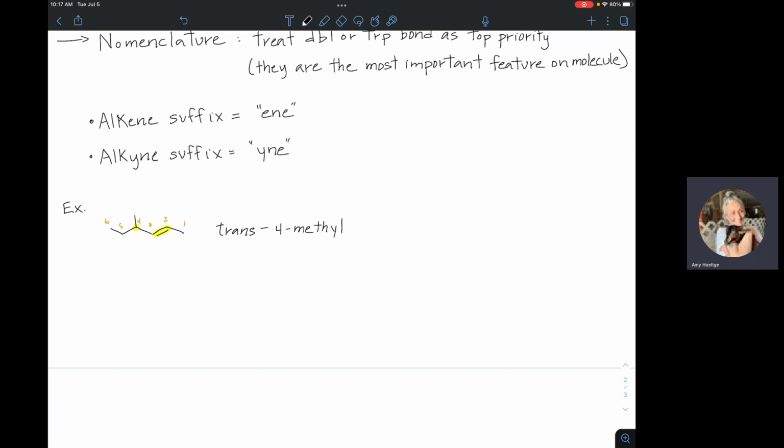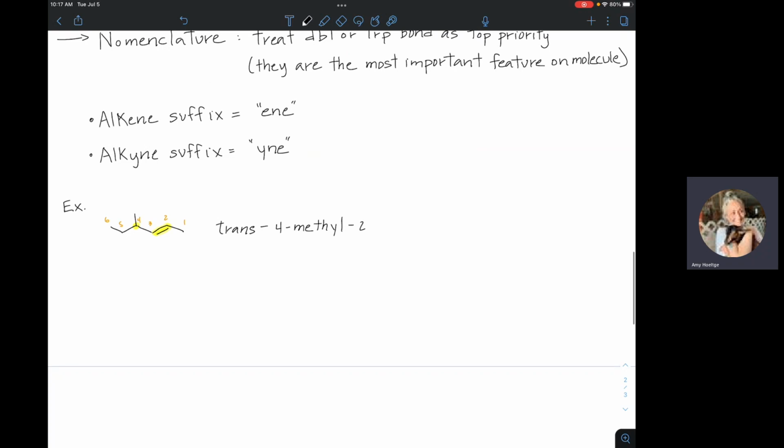I have to then let you know where the double bond is. It begins at carbon 2. So 2 dash. There are 6 carbons in the whole parent. So hex. And that 2 stands for a double bond. So -ene is the suffix that we would use.